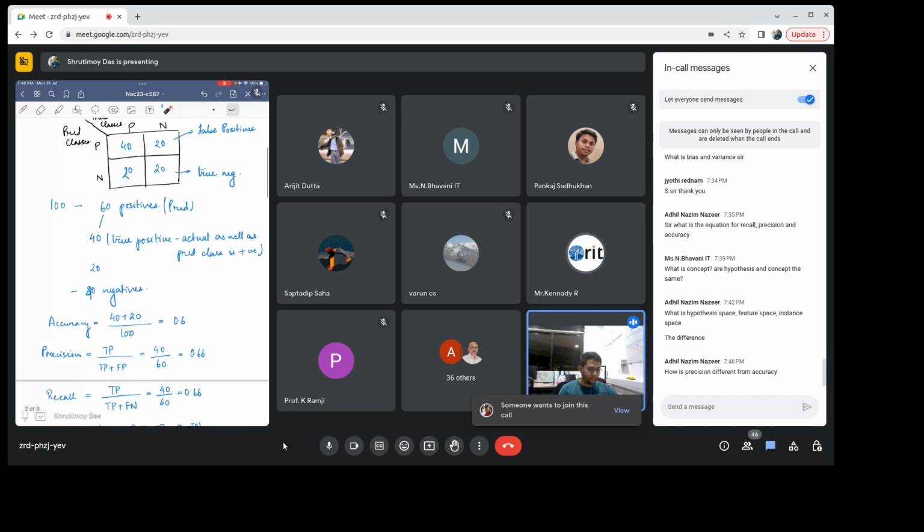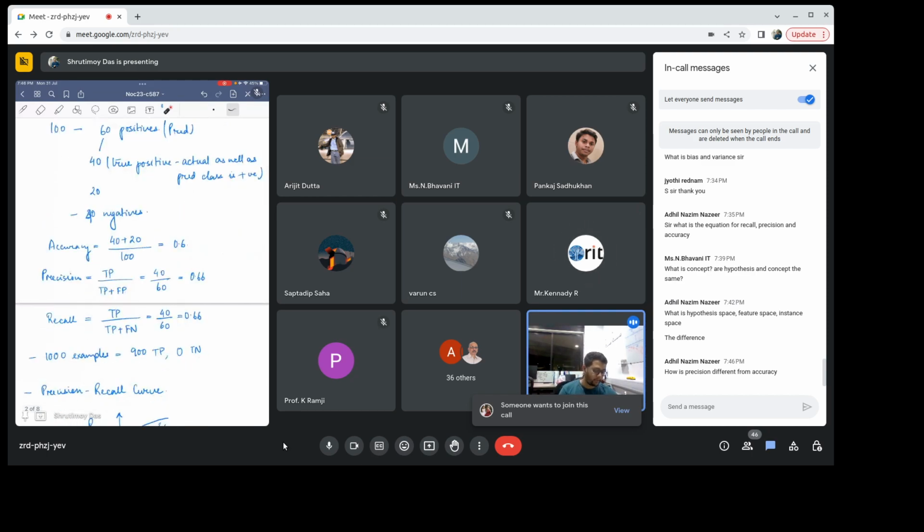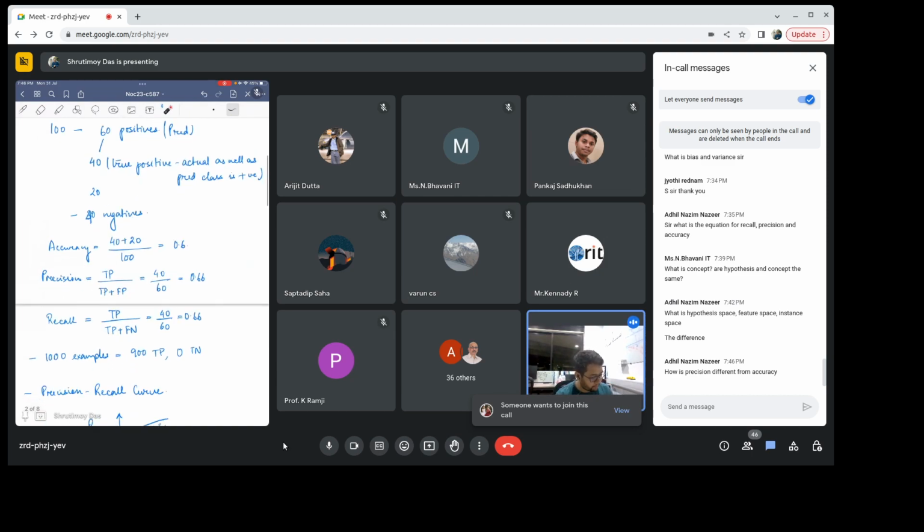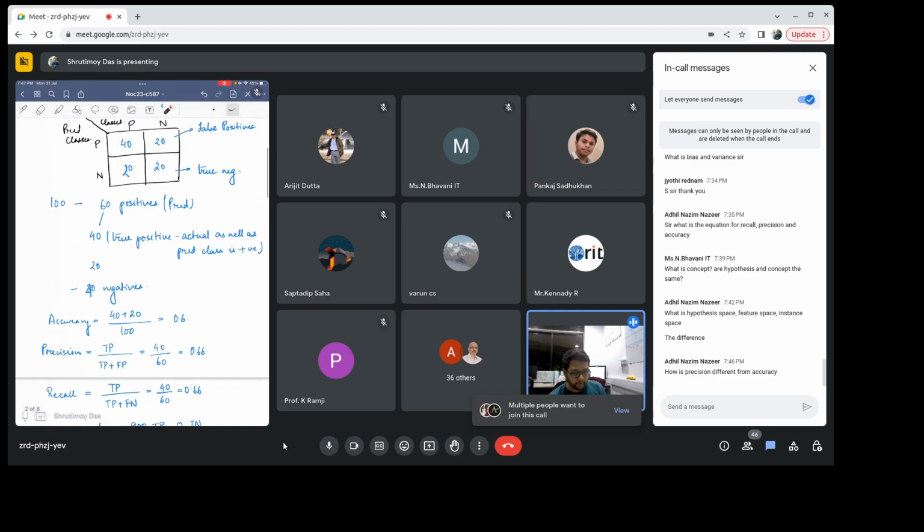So if we look at the accuracy, we will get a model with 90% accuracy, which seems good, but it is actually not a good model because it is not able to predict the negatives correctly. So due to class imbalance, the performance can be misleading if we look at the accuracy metric. That is why we look at other metrics such as precision or recall.